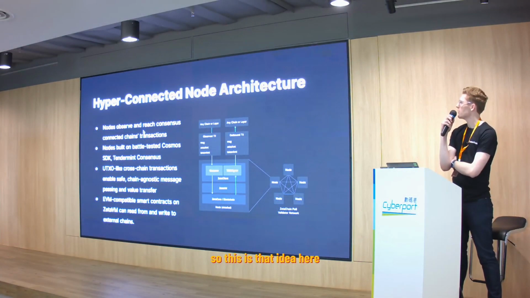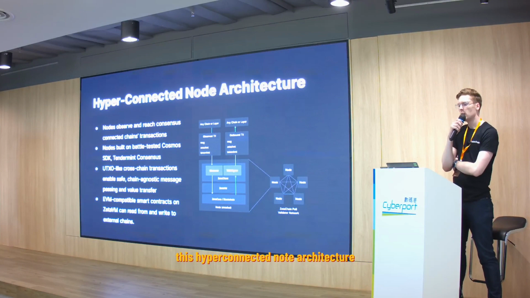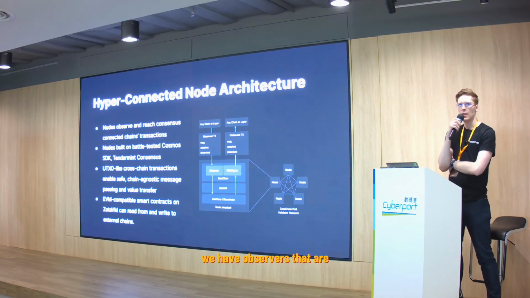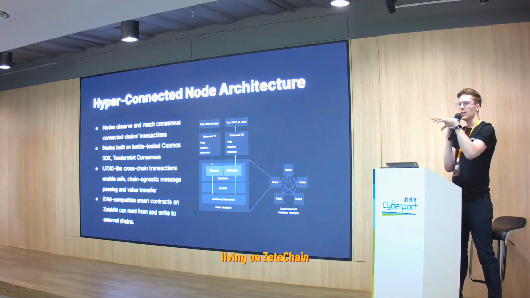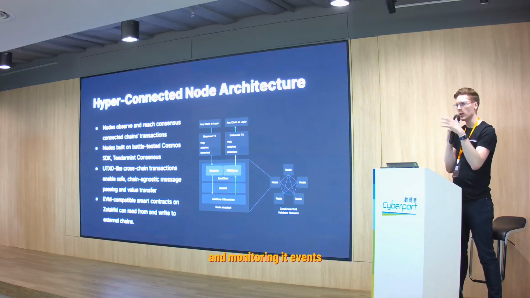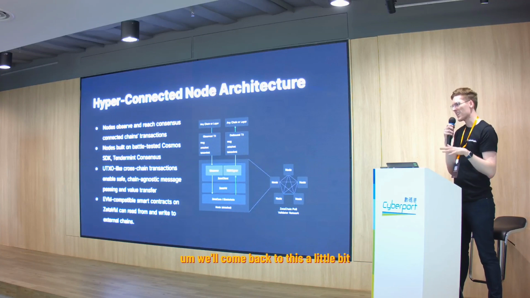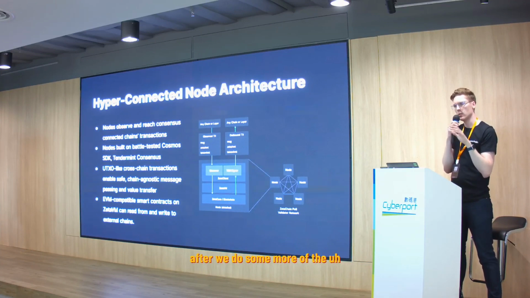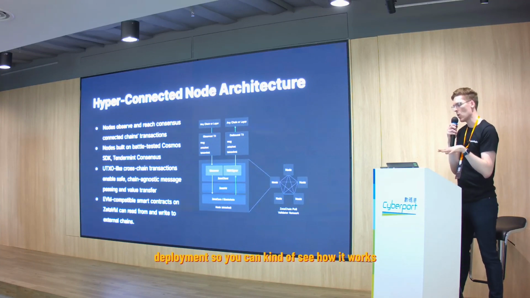So this is the idea of this hyper-connected node architecture. We have observers living on ZetaChain and watching what goes on in these external chains and monitoring events. We'll come back to this after we do some more of the deployments so you can see how it works.